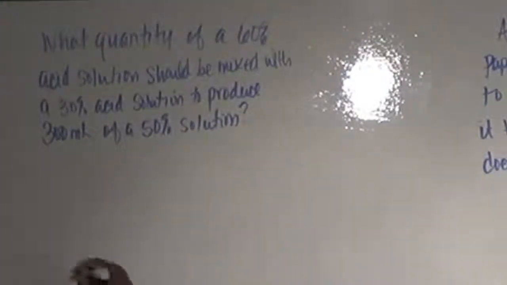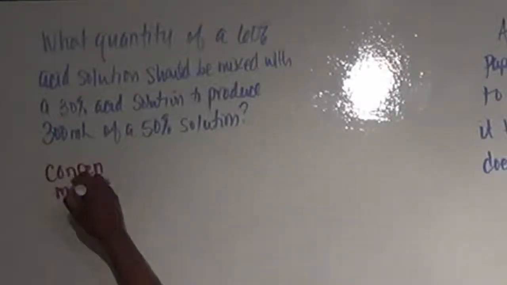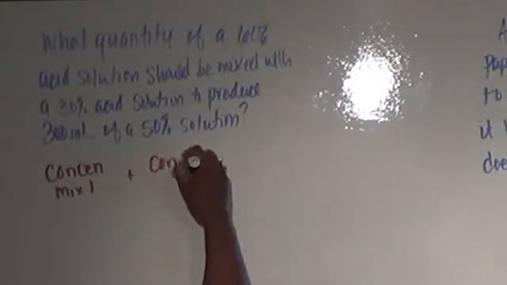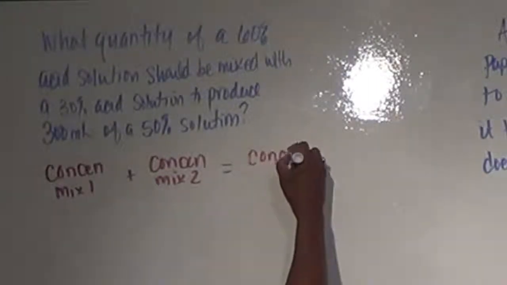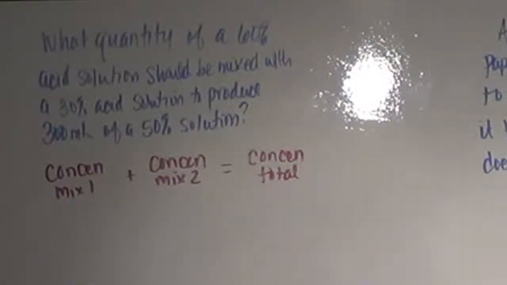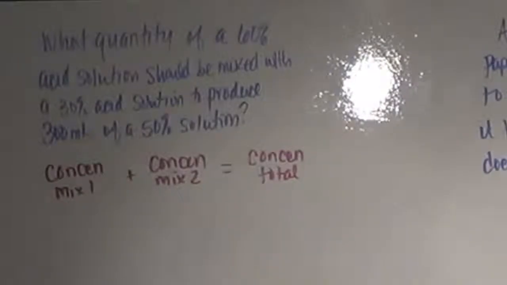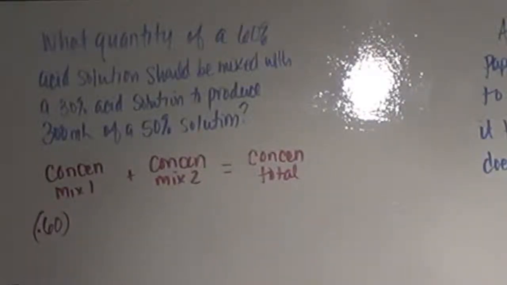Okay. The best way to think of these is I'm going to think of the concentration of mixture 1 plus the concentration of mixture 2, and this is going to equal the total concentration. Okay, so here, going through and looking at my problems, the first mixture, I have 60% solution, but I don't know the amount, so that's going to be my variable. Okay.